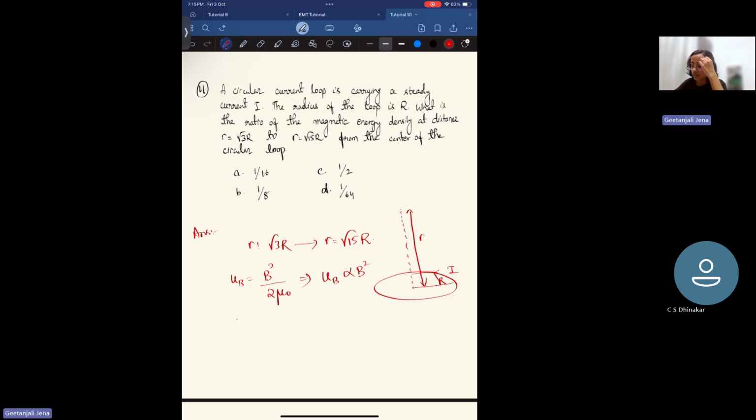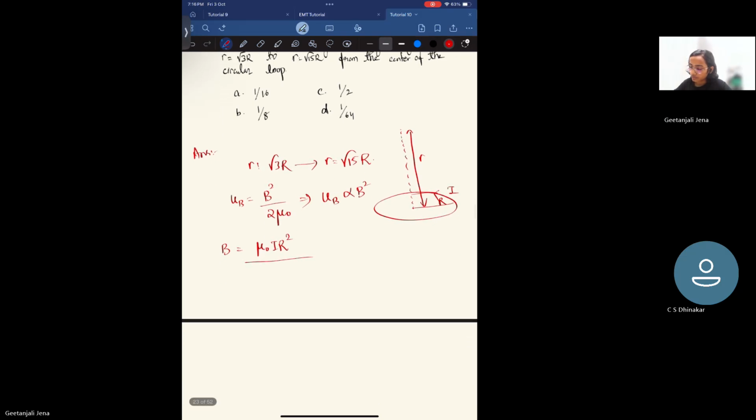If we recall, for a circular loop, on the axis of this loop, the magnetic field can be written as B equal to mu naught I R square divided by 2 times (R square plus z square) to the power 3 by 2.